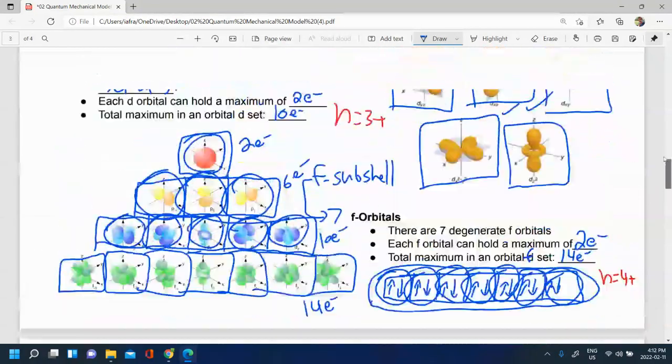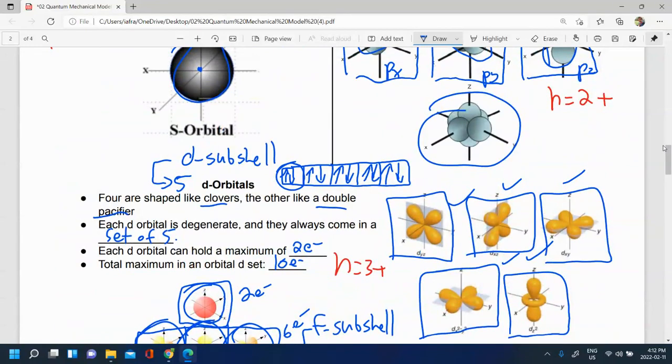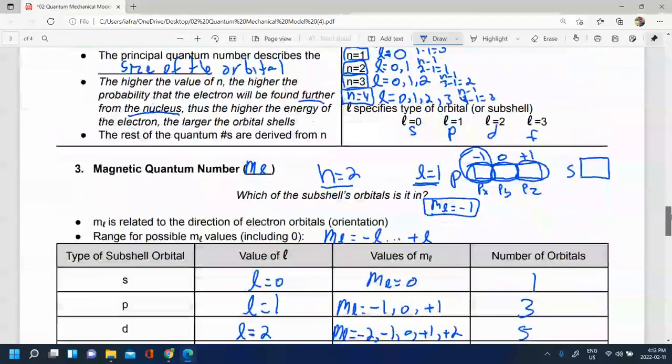Remember when we drew the d subshell as boxes? Look, we have 1, 2, 3, 4, 5 boxes. We have a -2, -1, 0, +1, +2. Those are the boxes within the d sublevel or subshell. Those are the orbitals within there.